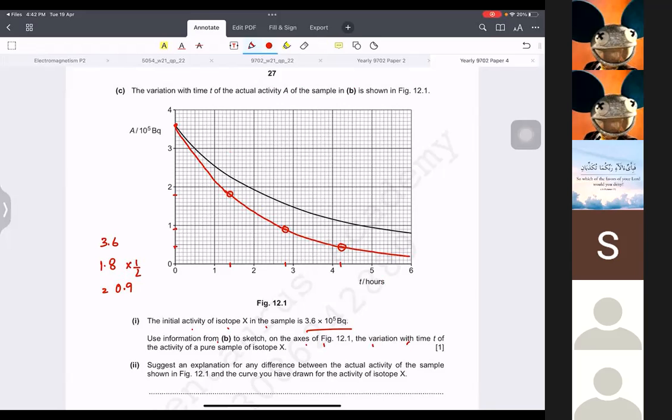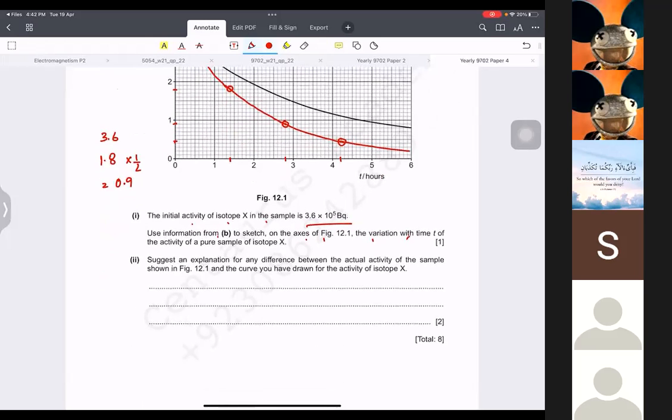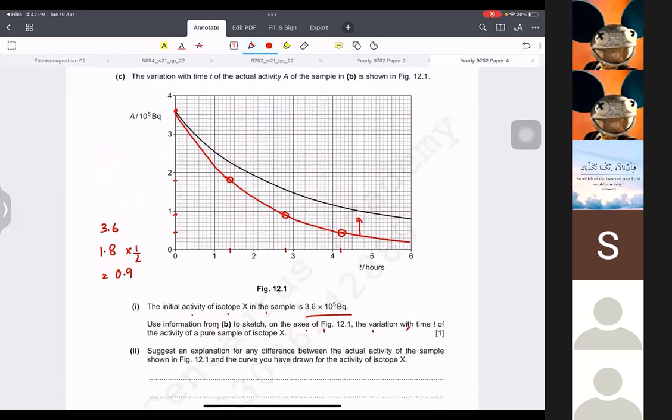Now it says to suggest an explanation for any difference between the actual activity of the sample and the curve you've drawn. Why is there a difference? This is actual, this is ours. It could be because the decay product is itself radioactive, so that also starts decaying.